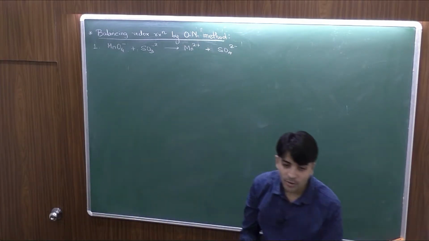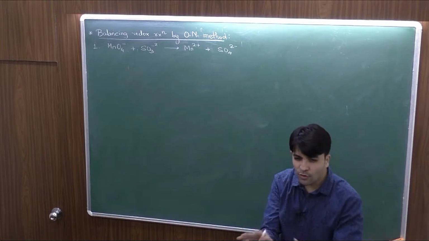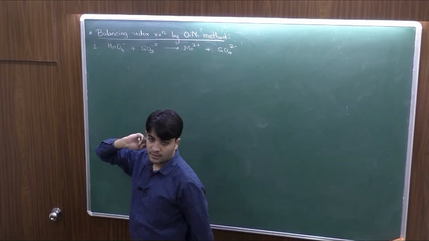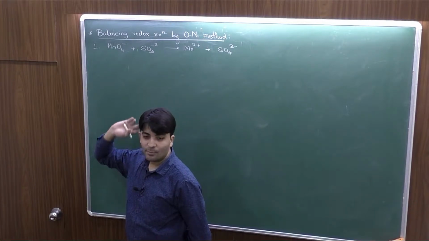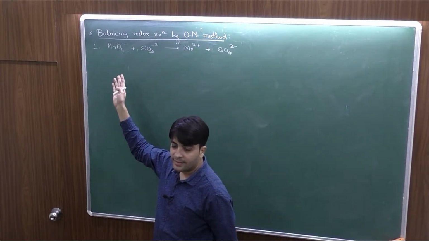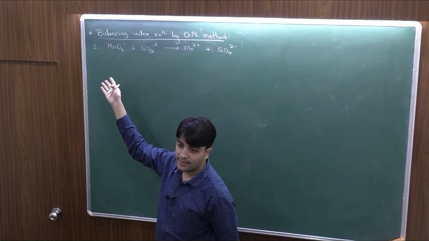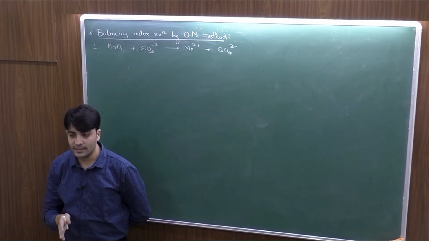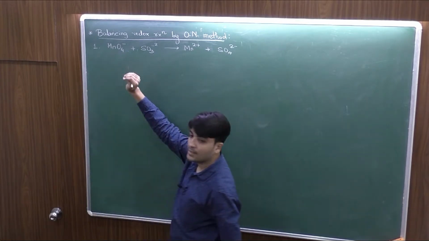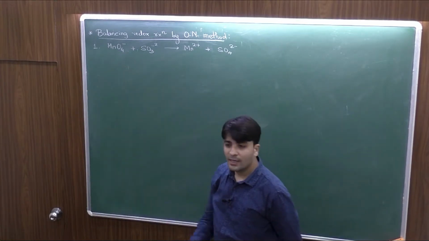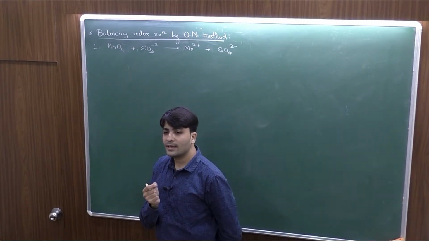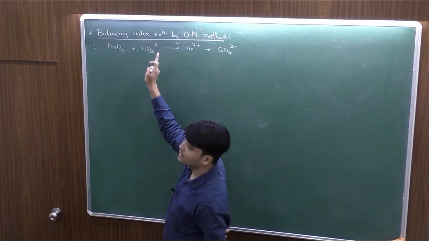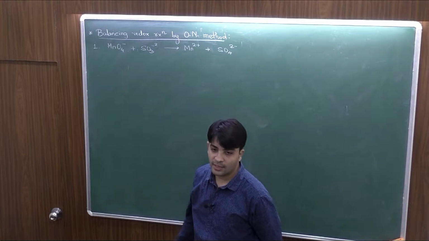If I just talk about the name of the species just for understanding, MnO4 minus is manganate. It's KMnO4 ka anion and KMnO4 you should know it's potassium permanganate. So this is permanganate anion. SO3 2 minus. अगर किसी आयन का नाम देखना है ना, H अटैच कर दो. So this is H कितना अटैच करोगे, that will be equal to the charge on the anion.